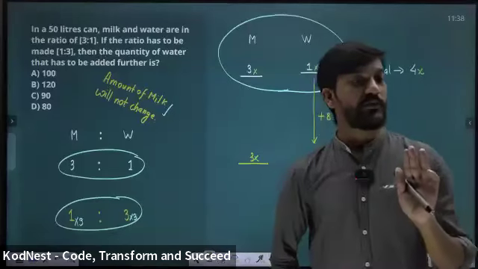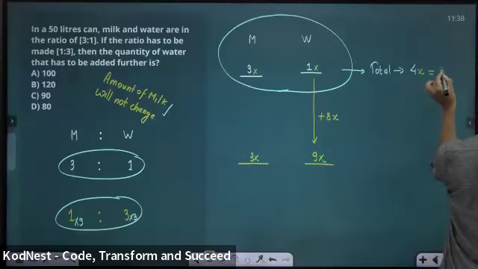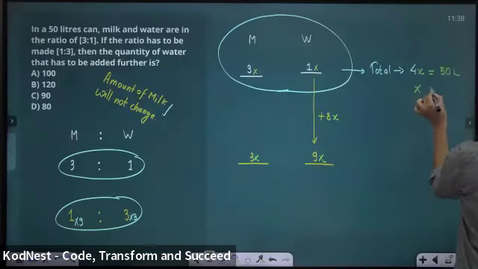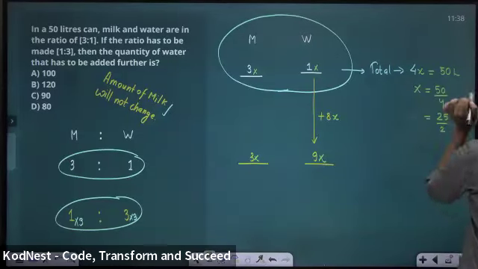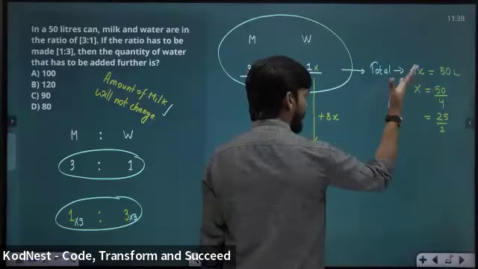They have given a 50 liters can. That means the total value is 50 liters. So this will give you x equal to 50 by 4, 25 by 2, or 12.5.